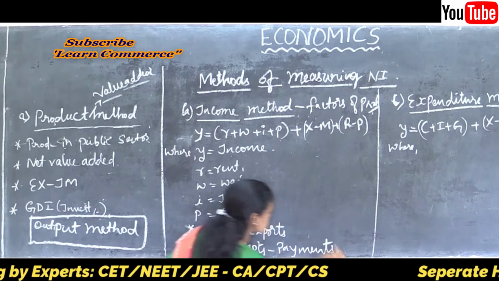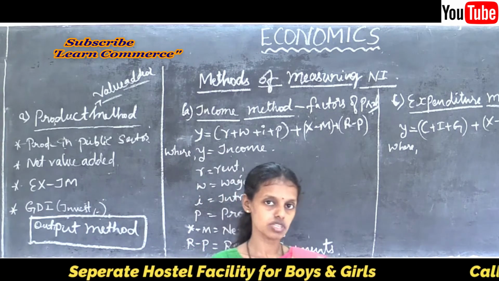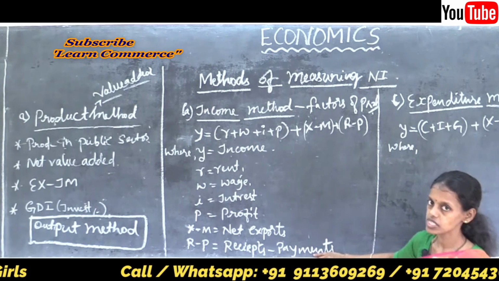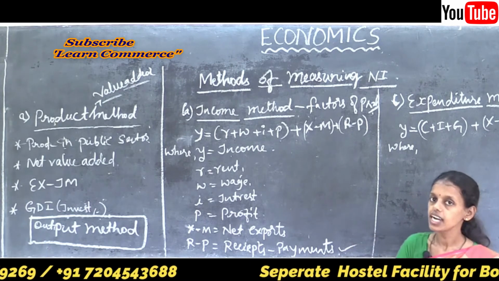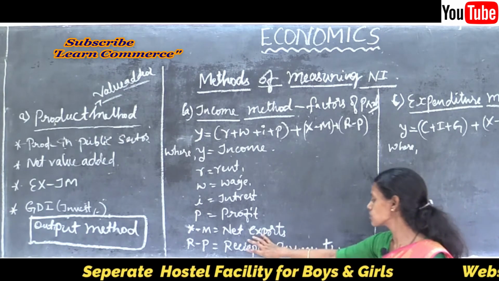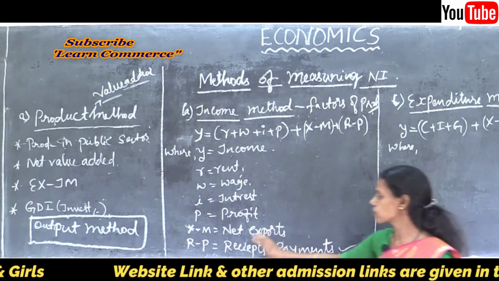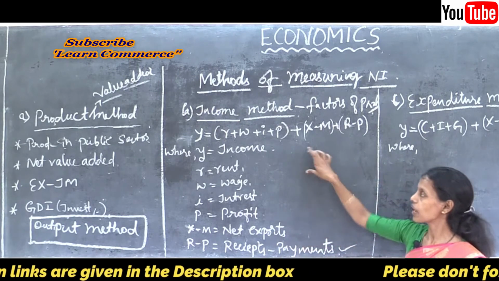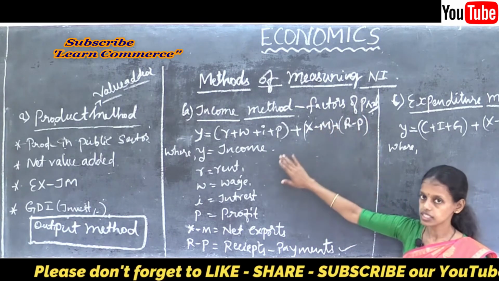While exporting goods and services, we are getting the receipts, and while importing goods and services, we pay money to other countries in the form of payments. Thus, receipts minus payments. After deducting the payments from the receipts, we get the remaining income. That is included while calculating national income by the income method.